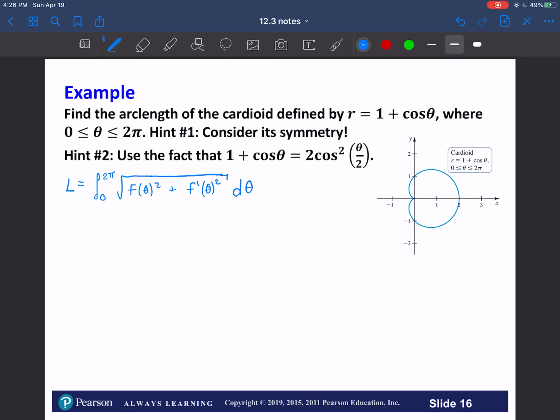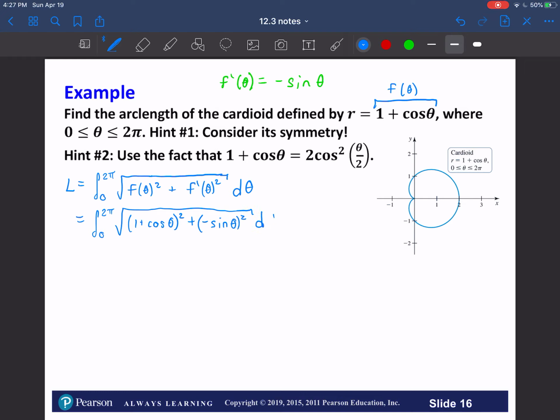All right, if we plug those in, f of theta is, of course, just 1 plus cosine theta, and that implies that f prime of theta is equal to negative sine theta. So 1 plus cosine theta quantity squared plus negative sine theta squared d theta.